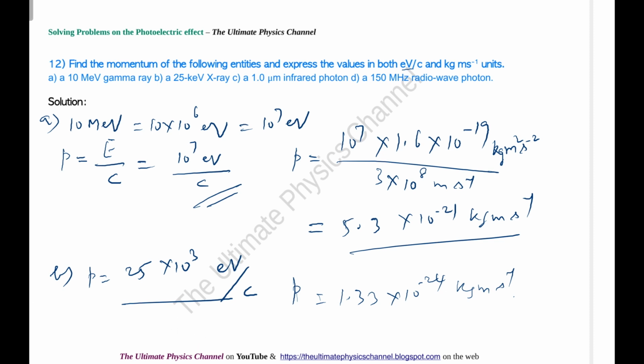Now part C. Part C is a 1 micrometer infrared photon, infrared ray or infrared photon. What is its energy? This is in wavelength lambda, right? So we have to calculate that E is equal to hc over lambda.